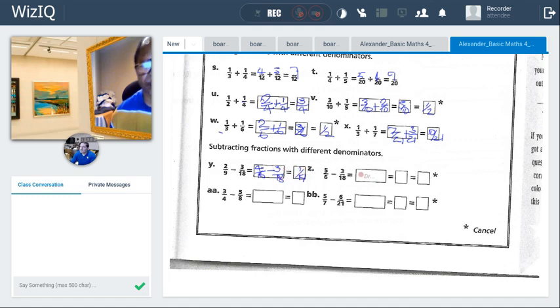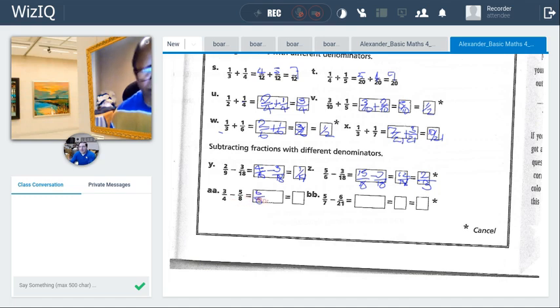Then 15/18 minus 3/18 equals 12/18. Divide just by 6. 6 into 12 is 2, and 6 into 18 is 3.